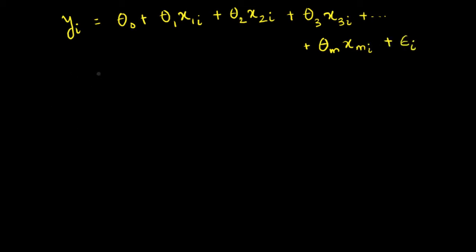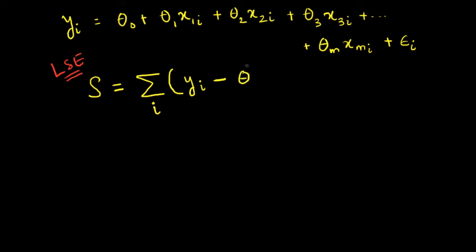And now you have your cost function, which is the least squares error cost function, which is what we use in linear regression, and that is given by summation over i of yi minus this whole function. So in a shortcut we can write this as yi minus theta transpose xi, whole square.